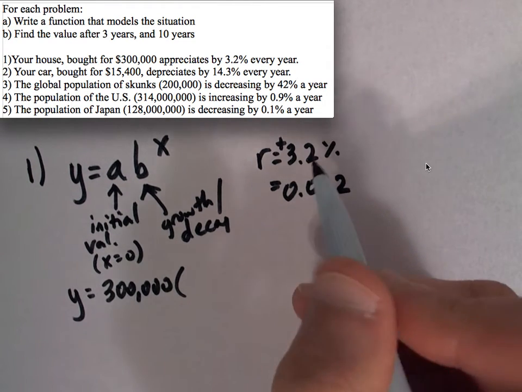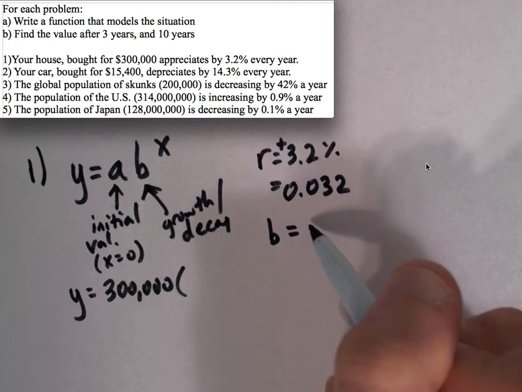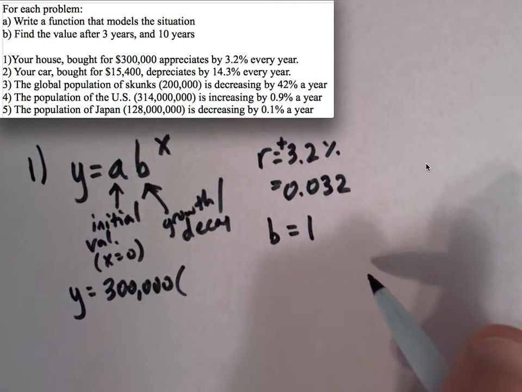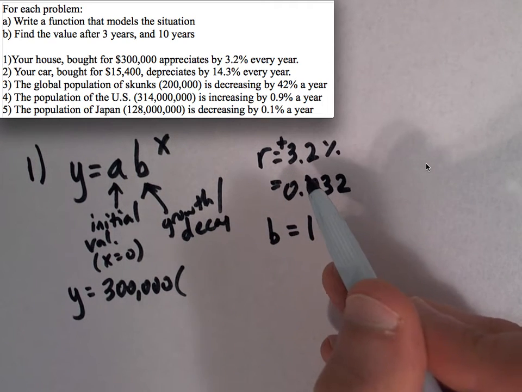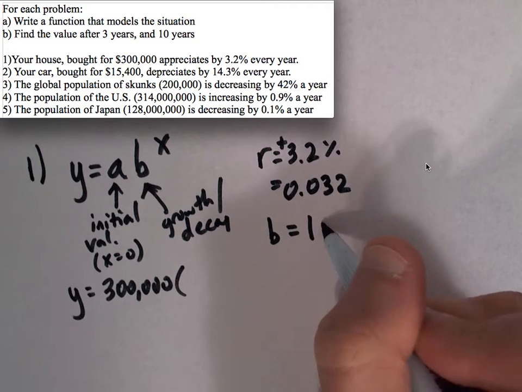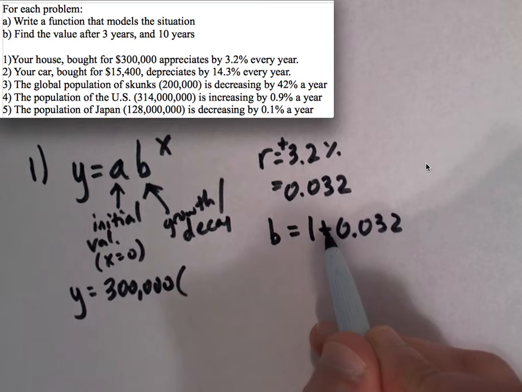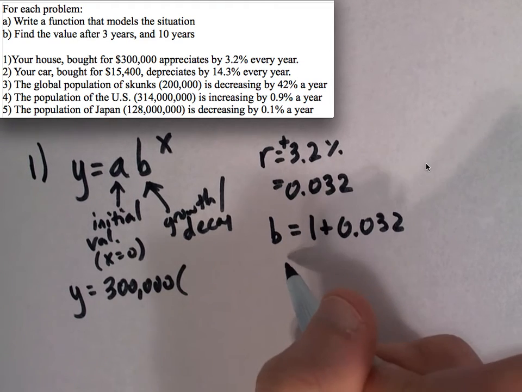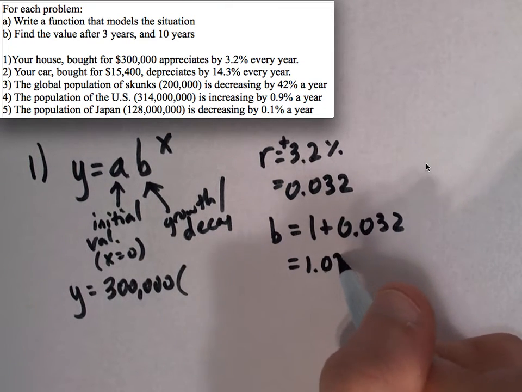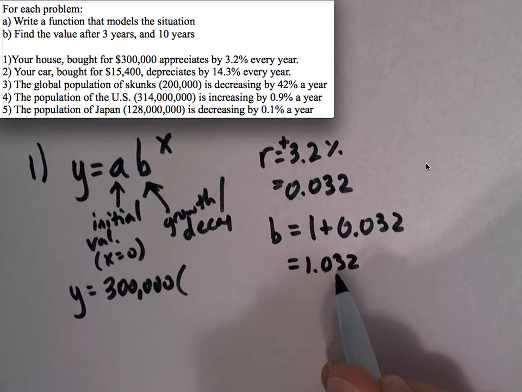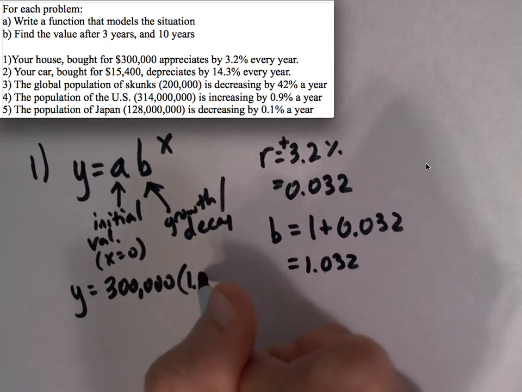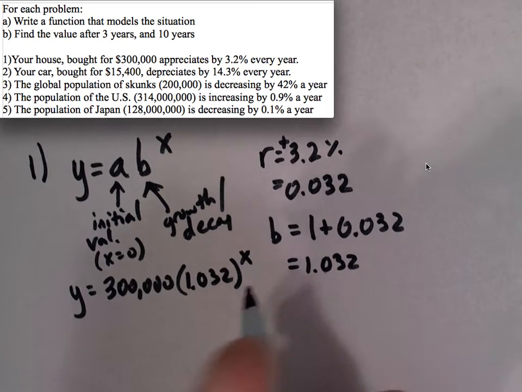To find b, we always start with a 1, and since it's appreciating, we add 0.032. If it was depreciating, going down, obviously we would subtract it. We get 1.032, so we still have exponential growth. Let's put that in here, 1.032 to the x.